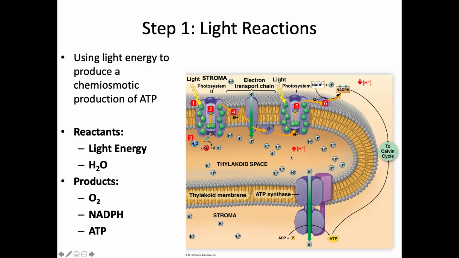Okay. But what about this high concentration gradient of protons that you just made, that you just pumped from the stroma into the thylakoid space? What do you think is going to happen with those protons? Well, just like cellular respiration, this represents potential energy. So it's going to energize the enzyme ATP synthase to make ATP.